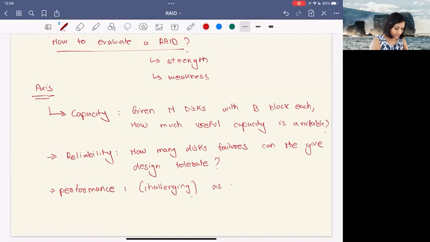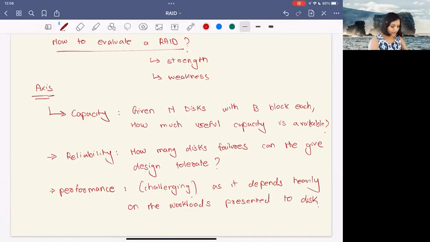So as it depends heavily on the workload presented to the disk, in general we cannot just say if this is performing good or bad. That would be very vague and very challenging to identify.